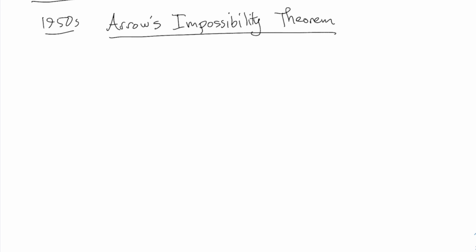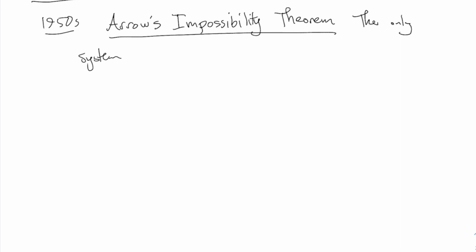But Arrow's impossibility theorem, I'll just tell you what it says. Remember, a theorem is just like a true fact that somebody has proven mathematically. It says, I said it's impossible to check all the boxes. Actually, it's much worse than that.